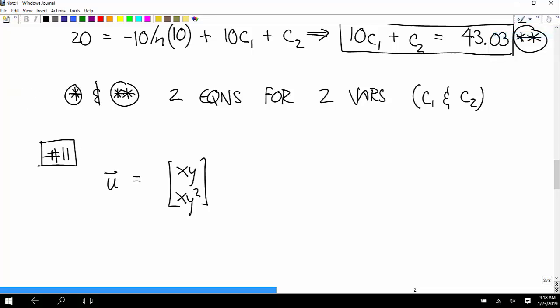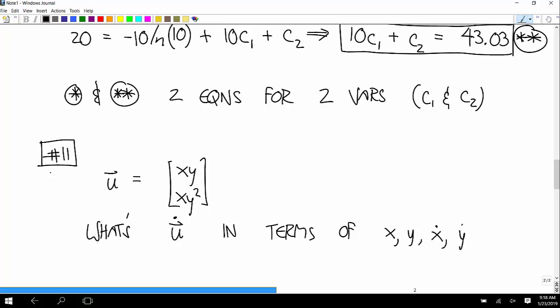And we want to come up with an expression for, so what's u dot in terms of x, y, x dot, and y dot. So this is just a, you have to use product rule and chain rule for this.